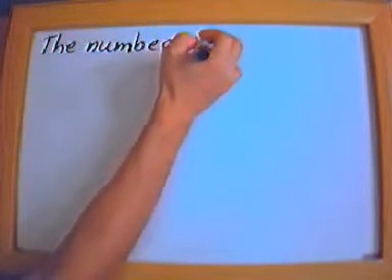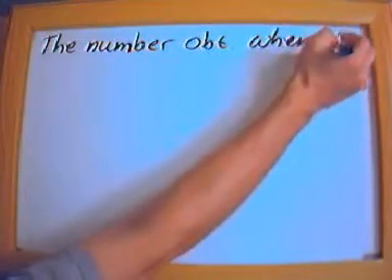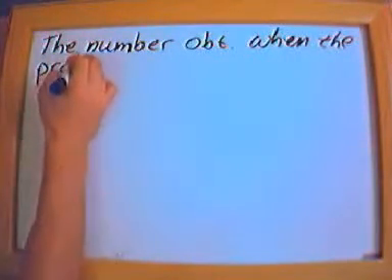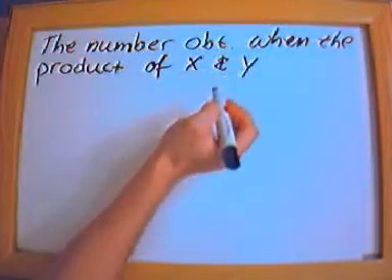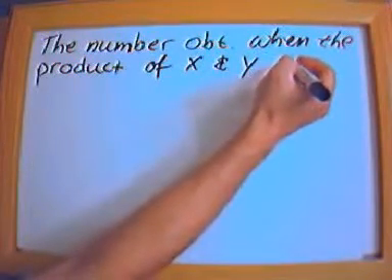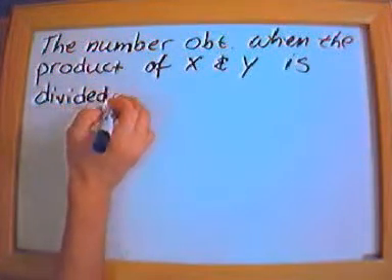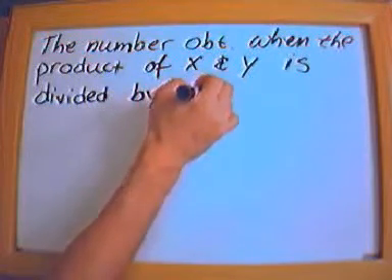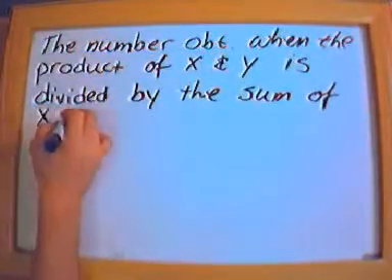Okay. What if I had something like, as an algebraic expression, the number obtained when the product of x and y is divided by the sum of x and z.